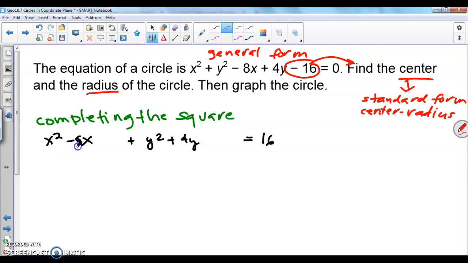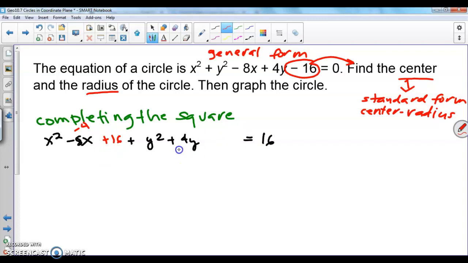So half of -8 is -4. I'm going to make a little note over here. So -4, right? Now, you're going to square this one, like multiply it by itself. Okay, so what is -4 times -4? You get positive 16. You're going to add it over here. That's why I left a little bit of space.